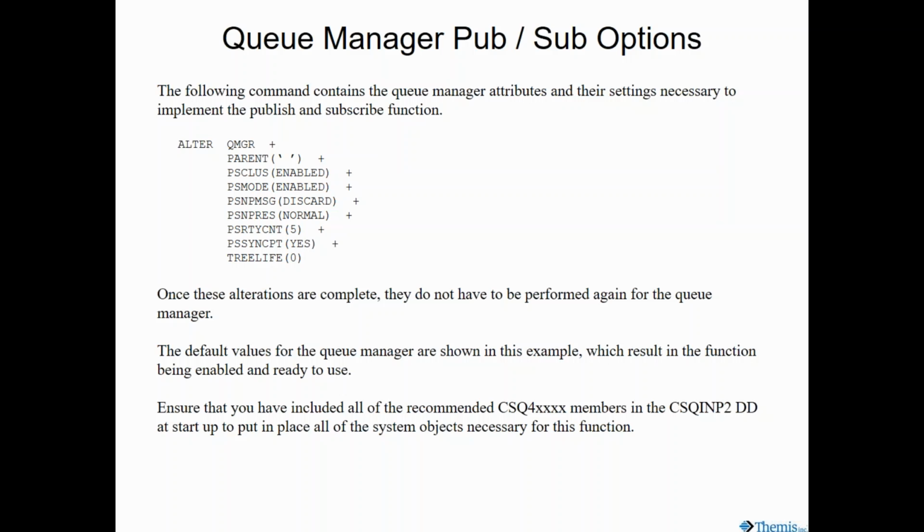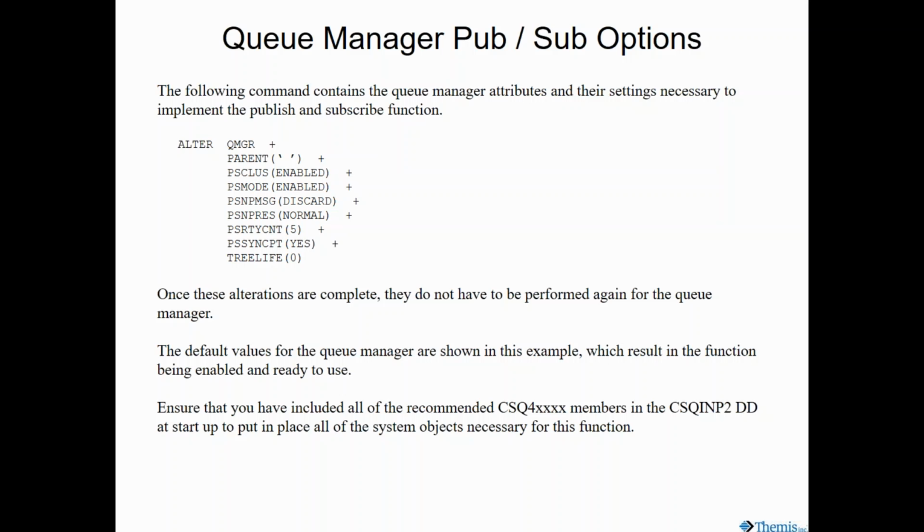PSNPMSG DISCARD is basically saying how the broker will handle non-persistent messages if they cannot be sent or delivered to known subscribers. They get thrown away. We don't want to keep them. If you're familiar with MQ, we can have both persistent and non-persistent messages.